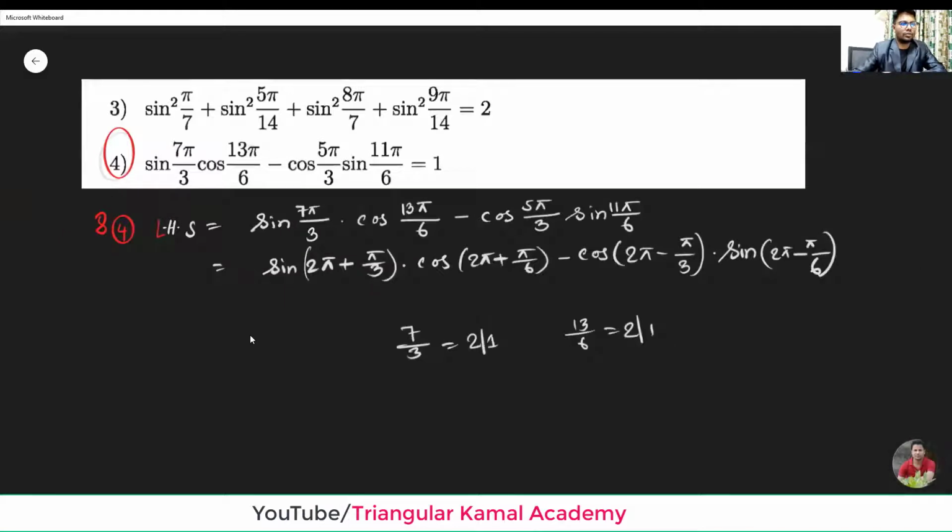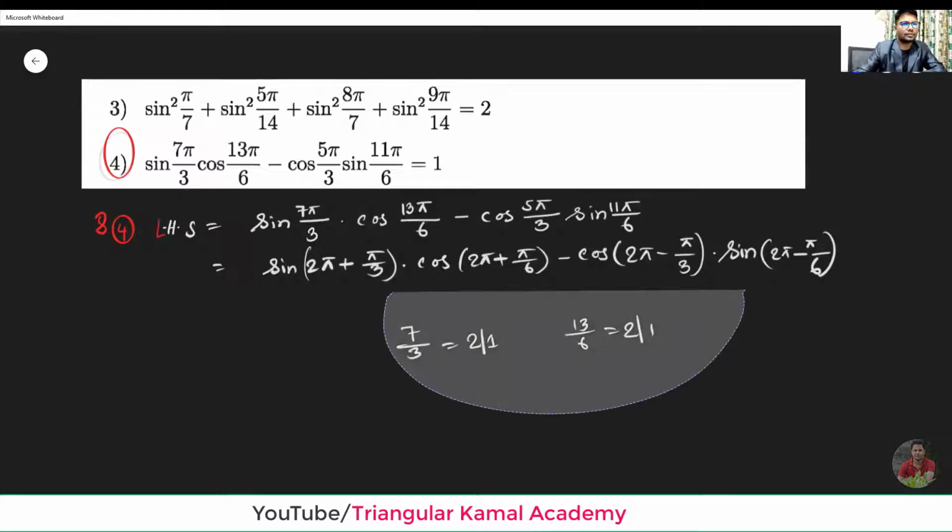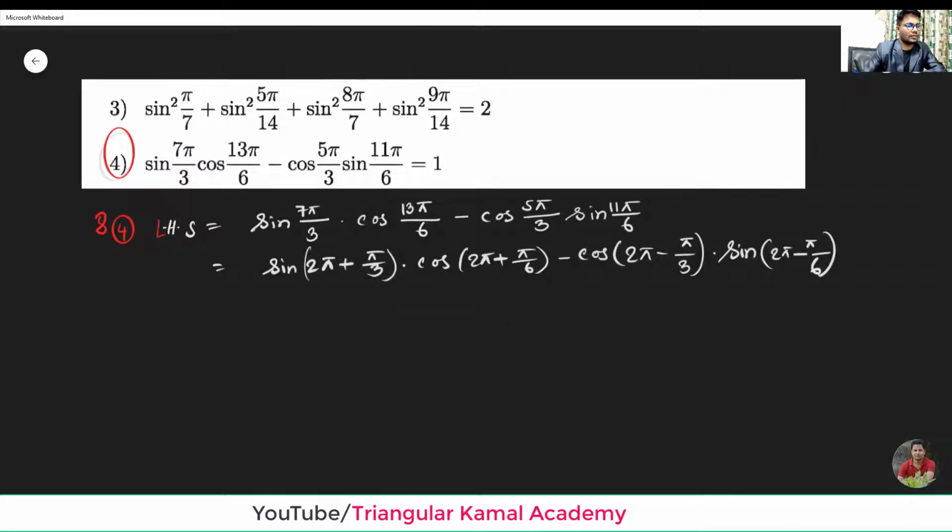Now we will do simplification. Next step, this is 2 times pi, which means 4 times 90, so even number, so no change. First step sine pi by 3. Now quadrant, is it positive or negative?